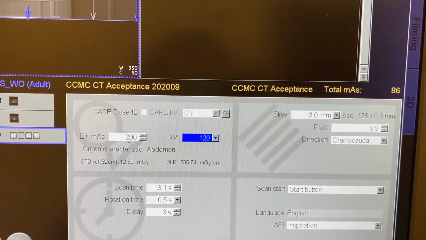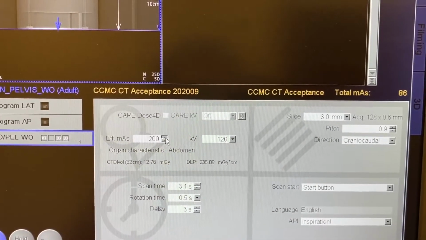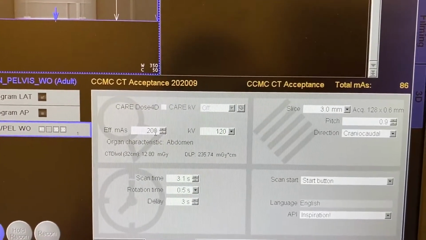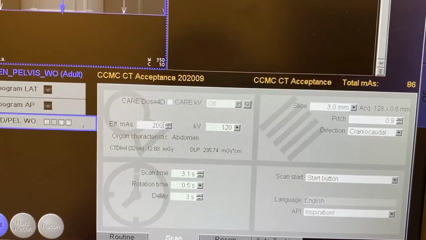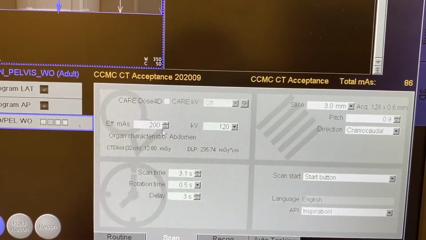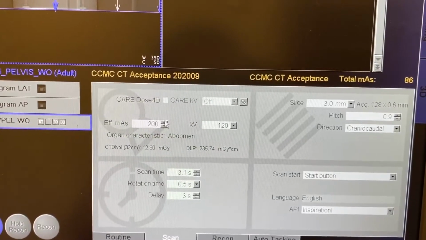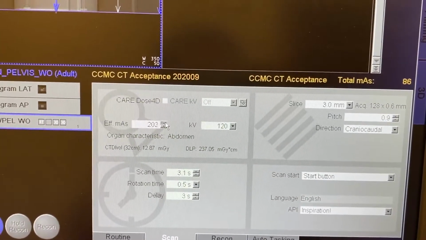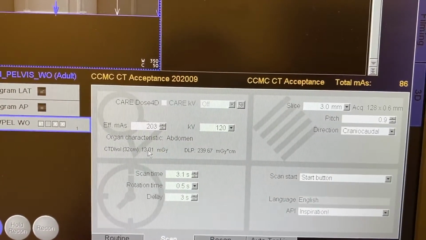And on the left, you can see there is the effective mAs. We can just change it to whatever number we want. If I change the effective mAs, you can see this number also changes. This is the CTDIvol.